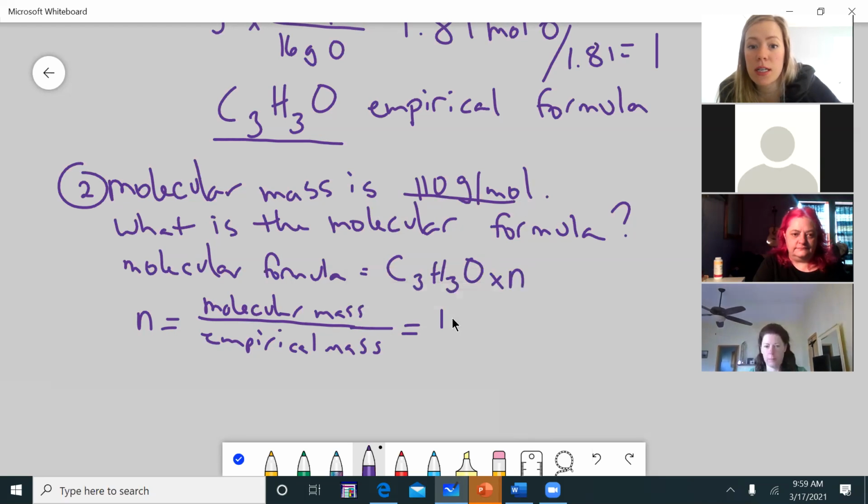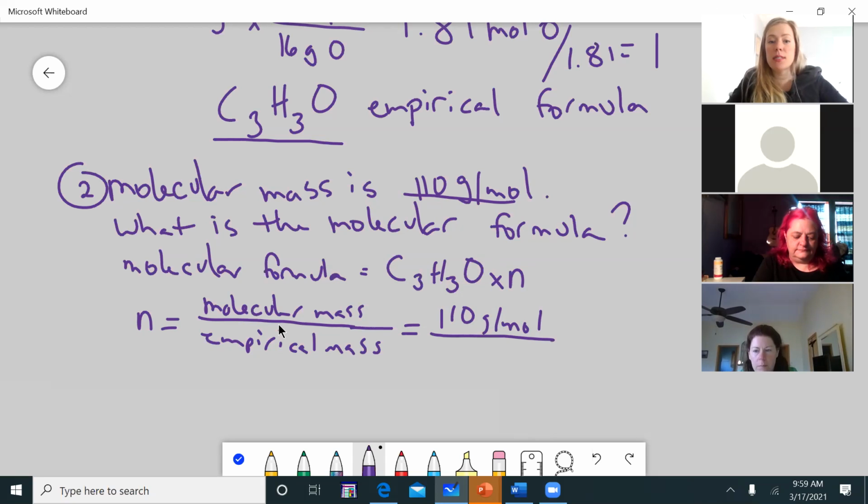So we've got 110 grams per mole. Now, where is the empirical mass? Well, it's not explicitly given to you, but you do have your empirical formula, right? So you should be able to calculate that pretty fast with 12 times 3 plus 1.01 times 3.